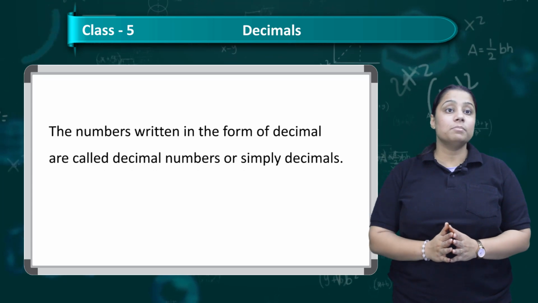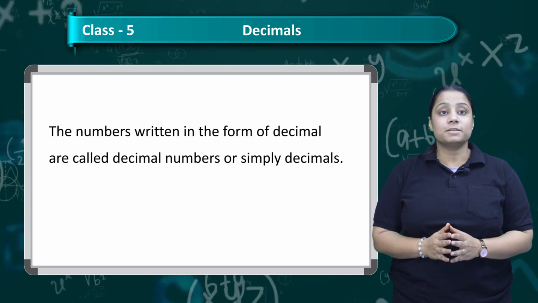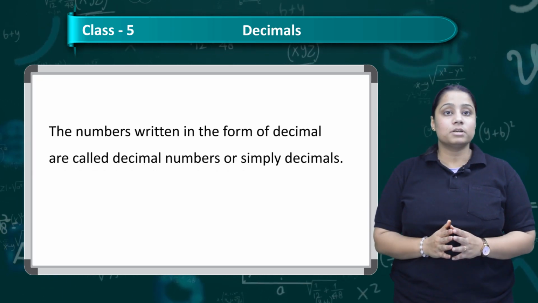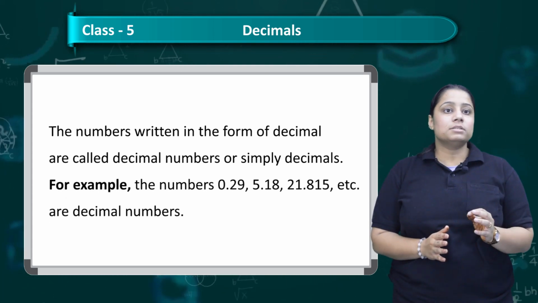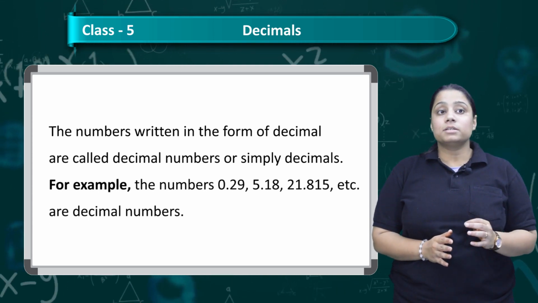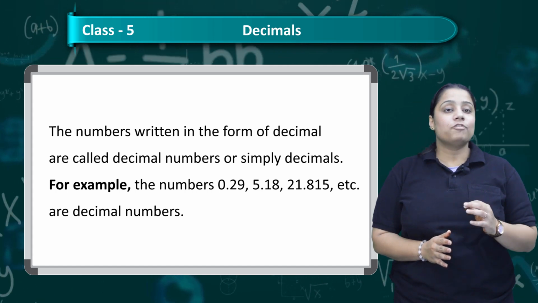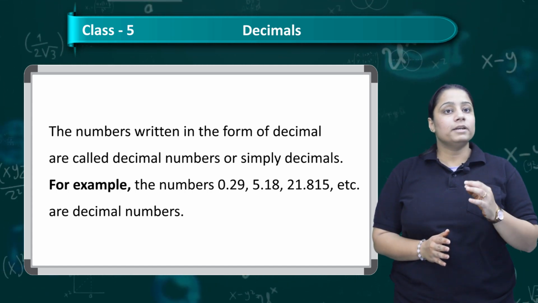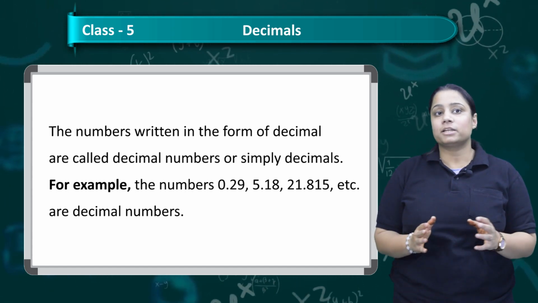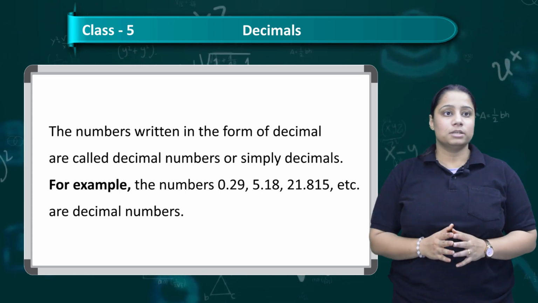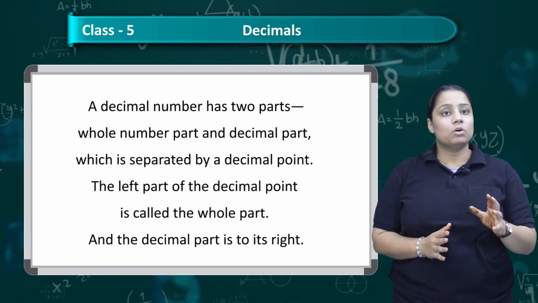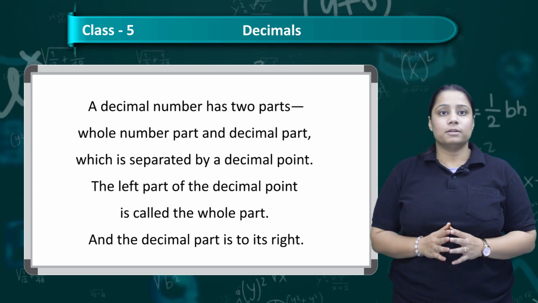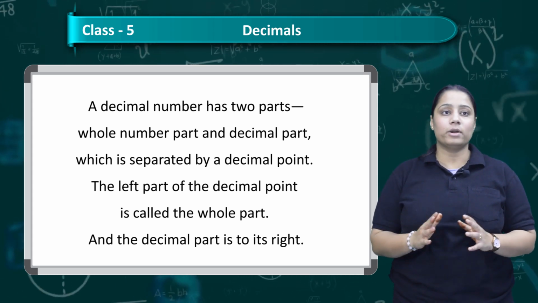Decimals. The numbers written in the form of decimals are called decimal numbers or simply decimals. For example, the numbers 0.29, 5.18, 21.815, etc. are decimal numbers. A decimal number has two parts, the whole number part and the decimal part, which are separated by a decimal point.